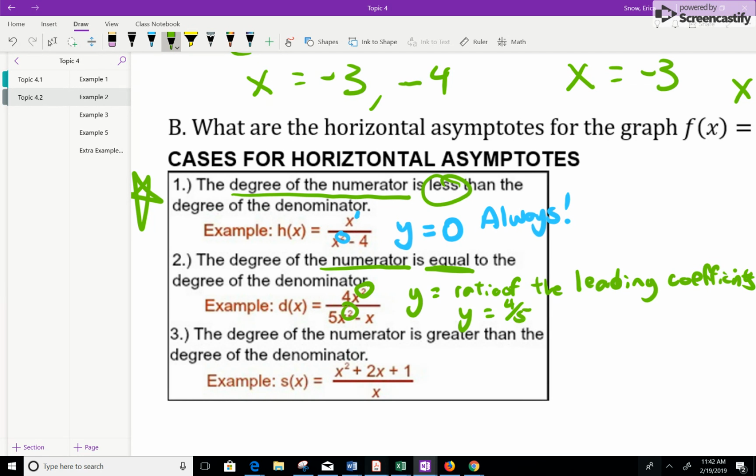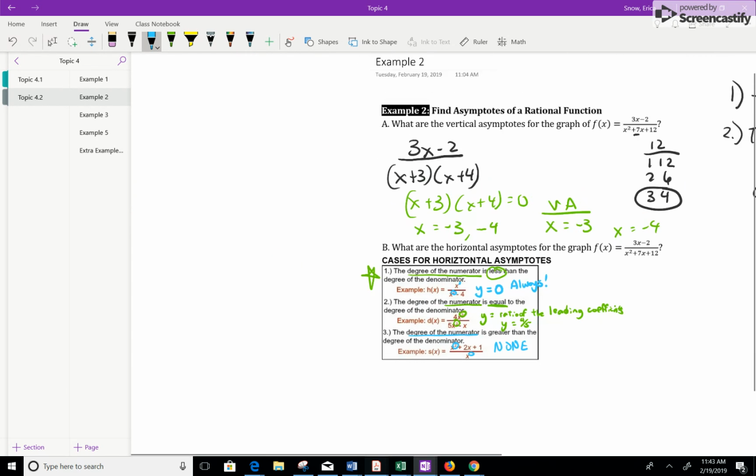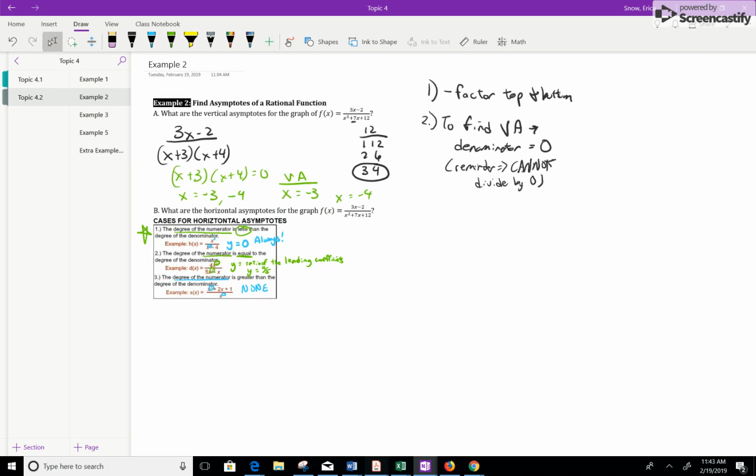That is our horizontal asymptote. And then finally, if the degree of the top is greater than the degree of the bottom, then there is no horizontal asymptote.